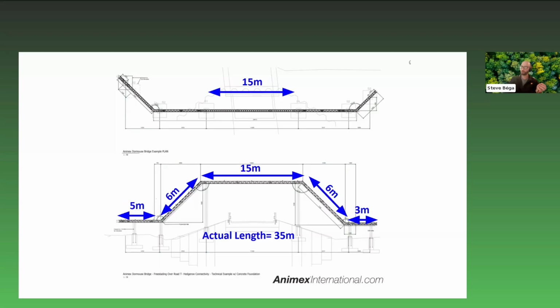So for example, here, when looking at this view from above, it might appear that a bridge will span a certain number of meters. And here, the road width itself is 15 meters for argument's sake.